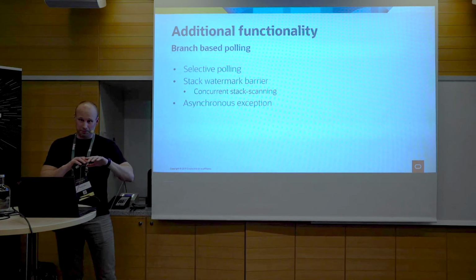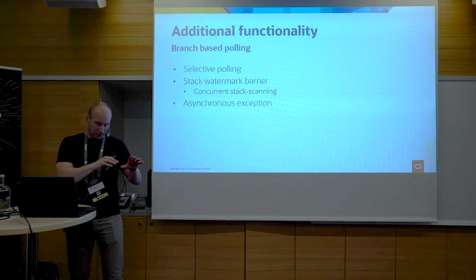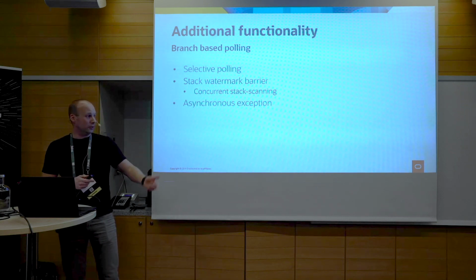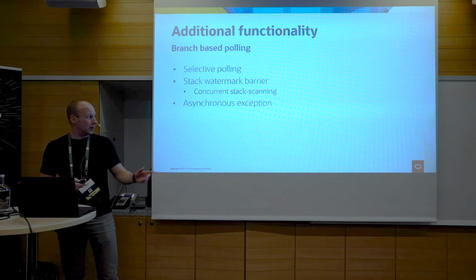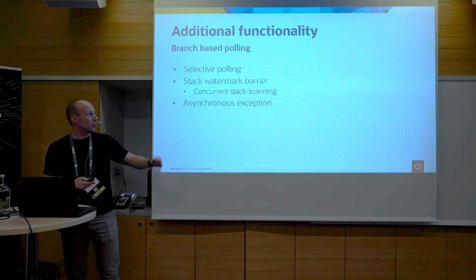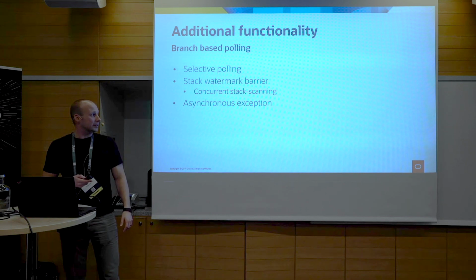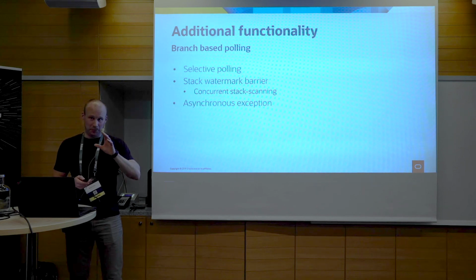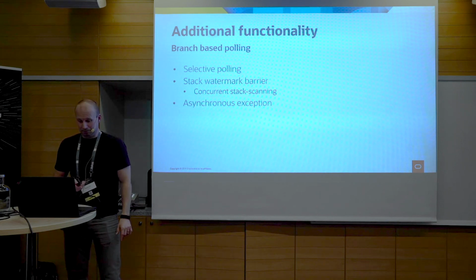So we would like the polling sites only to be armed for those places where we can deliver the asynchronous exception. There might also be more than this. We're not sure exactly what needs to be done at certain transitions or places and what doesn't need to.